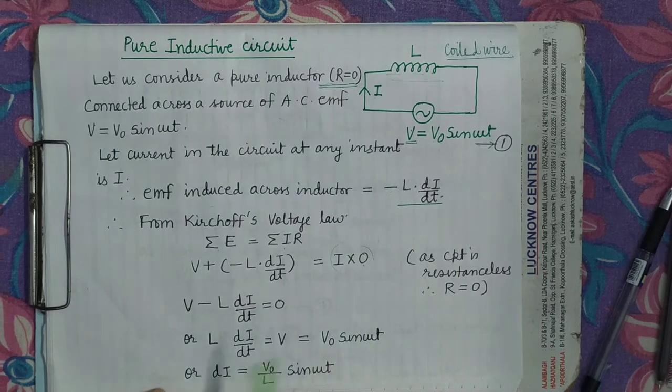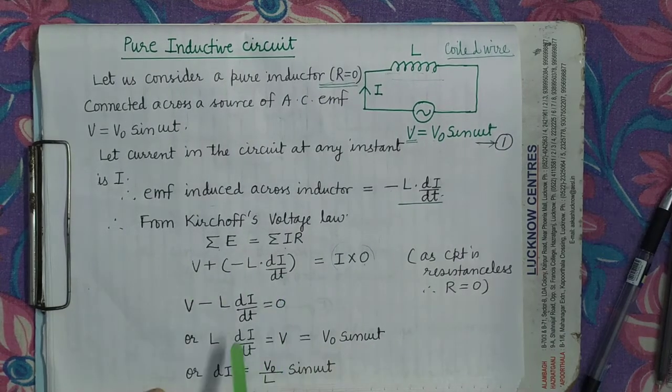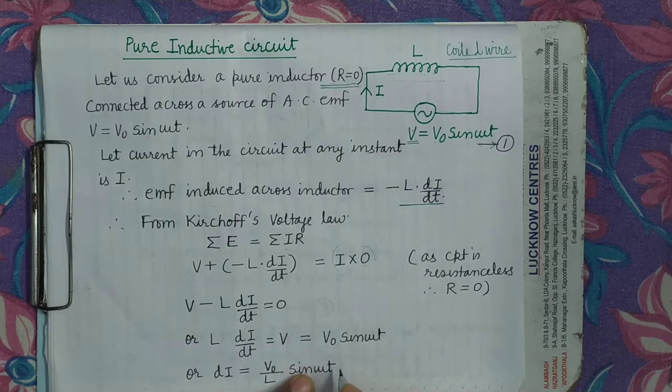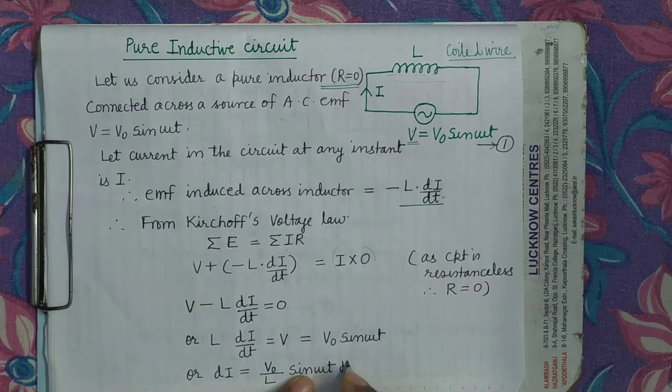It's clear? So you bring V to that side, so it will become L di upon dt equals V, and V equals V naught sine omega t. So what will be di? You can write di equals V naught upon L into sine omega t into dt.